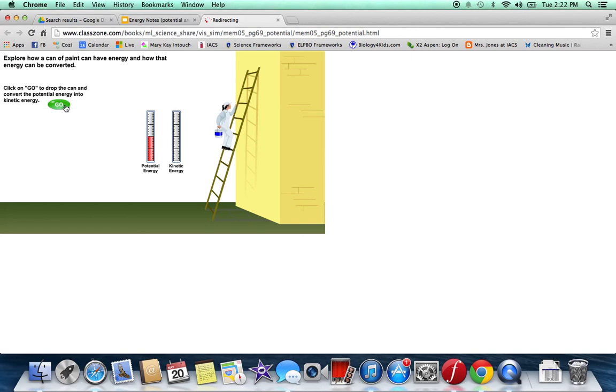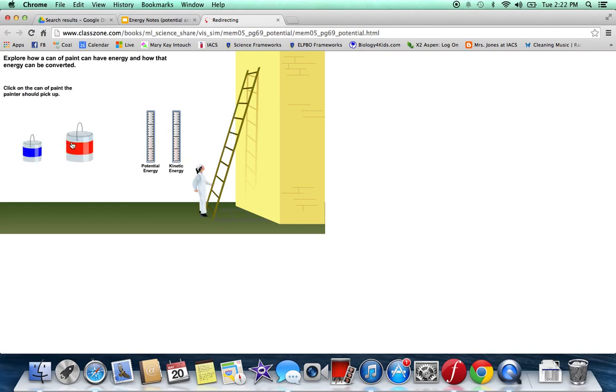Why is it only 50% and not 100%? Well, that has to do with the mass of the can. If she went higher, she could get it to increase more. So we dropped the can of paint. You saw the potential energy decrease, the kinetic energy increase. And we made a mess.